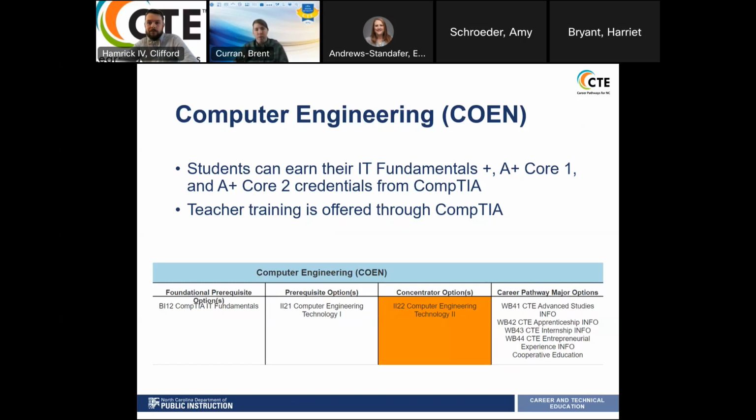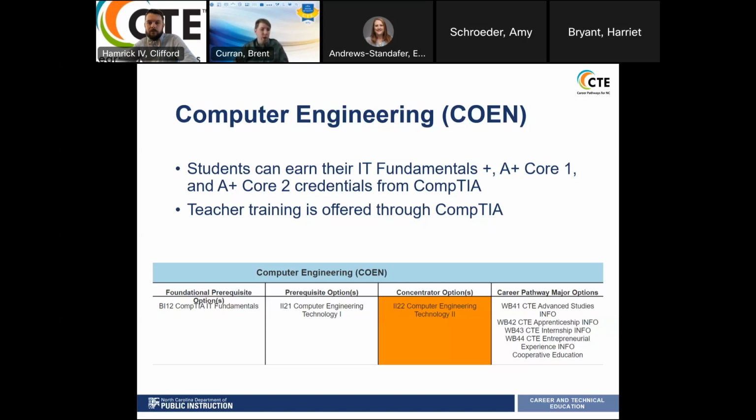In this pathway, students earn their IT Fundamentals Plus, A+ Core 1, and Core 2 credentials from CompTIA. Teacher training is offered through CompTIA. This one has a foundational prerequisite, so it's going to be more of a 3-course sequence to become a concentrator.